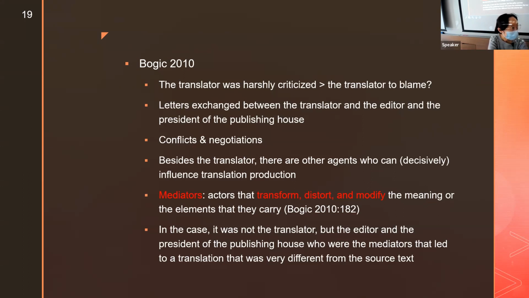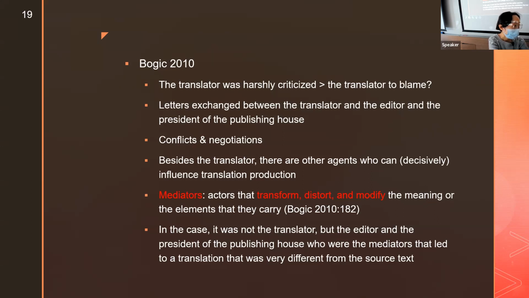So she did her research based on letters exchanged between the translator, the editor, and the president of the publishing house, and analyzed the conflicts and negotiations among these participants. She finds that besides the translator, there are other agents who can decisively influence translation production.